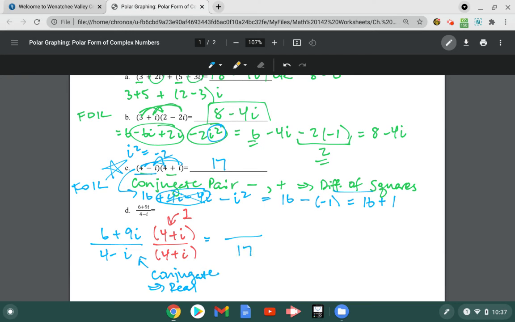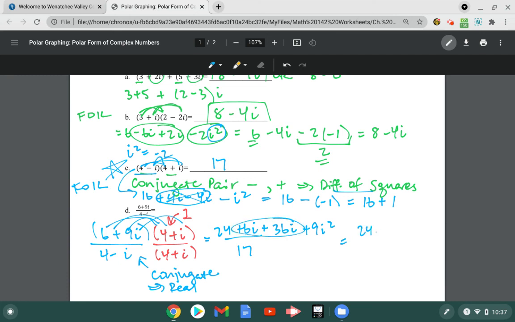In the numerator, I'm going to just use FOIL. Working through my FOIL, I get 24. Outer is plus 6i. Inner is plus, let's see, that would be 36i. And then last would be plus 9i squared. So we get 24.